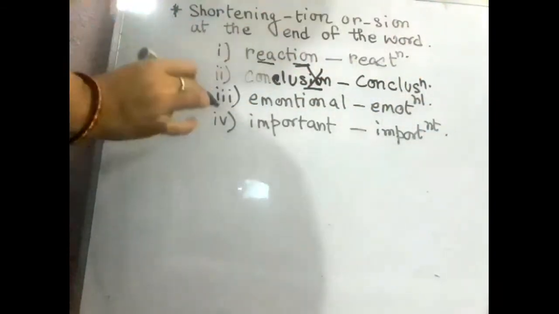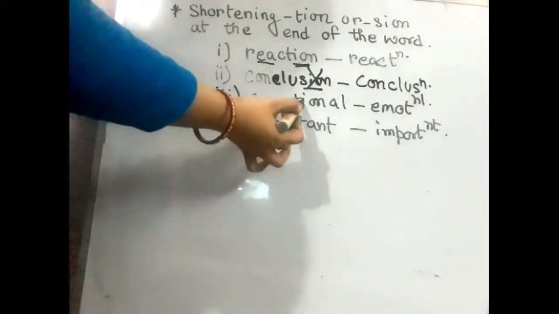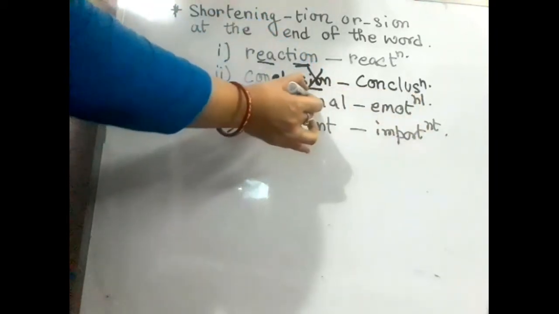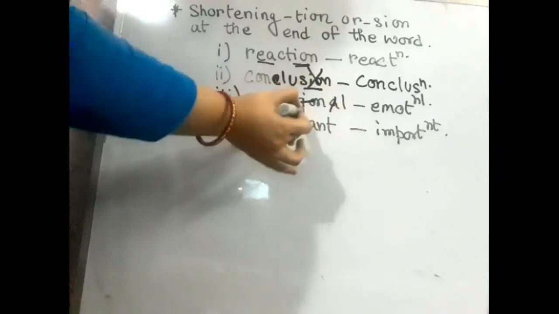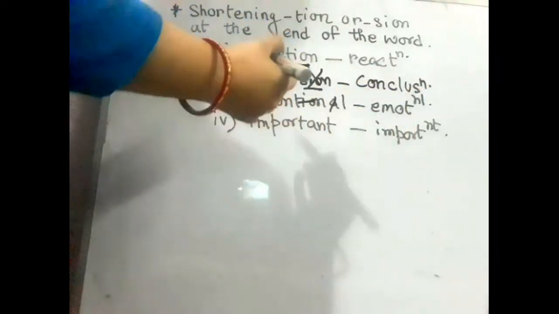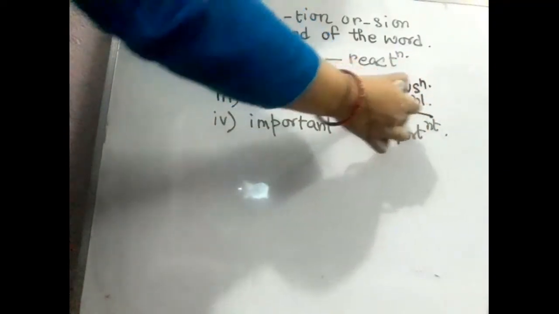Don't forget to give a full stop. And then emotional, you can write the abbreviation like this, EMOT, then I have omitted IO, and from here A. So you can see I have not used the vowels repeatedly. I have omitted the repeated vowels and I have made these abbreviations.